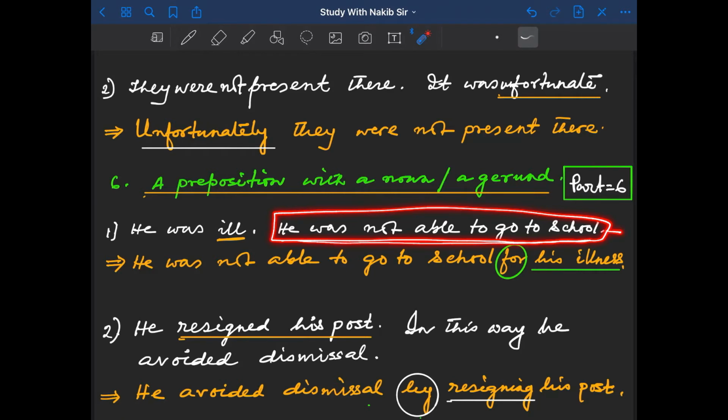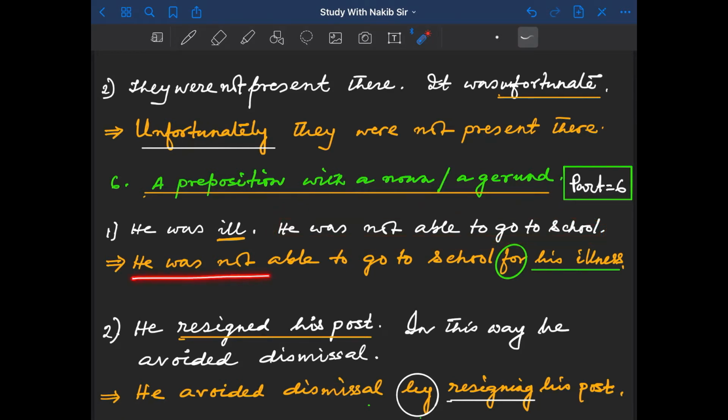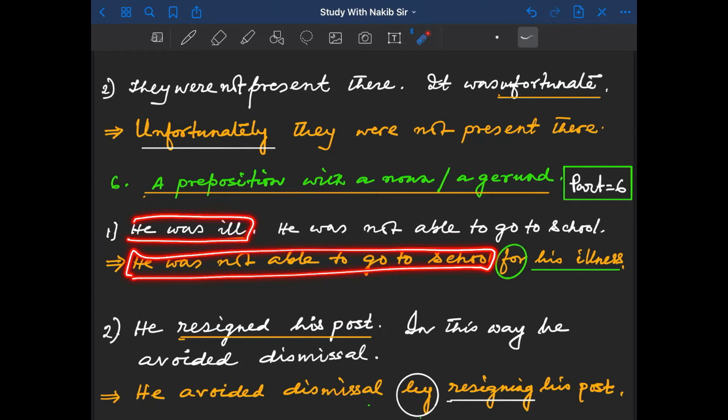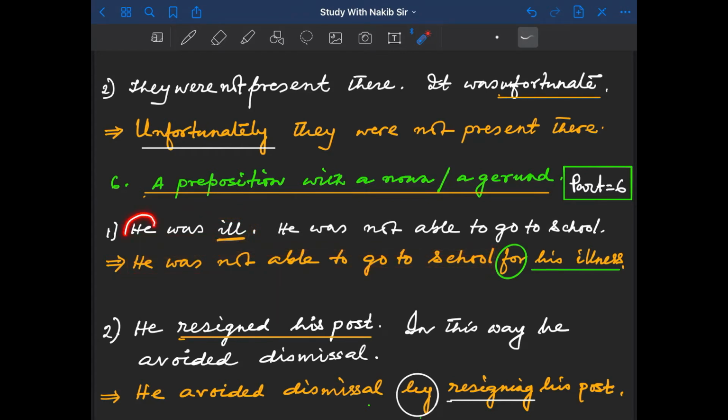So write this sentence first: he was not able to go to school. Why? To find out the answer, come to the first sentence. Here the subject is he, so he is written. So he is out, and the finite verb will be out too. You can't use this here, so these two words are out. Now only ill is left.